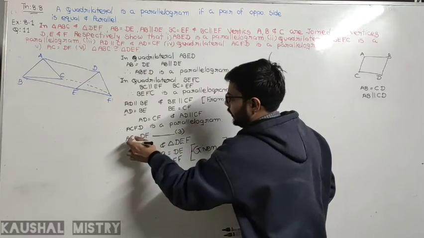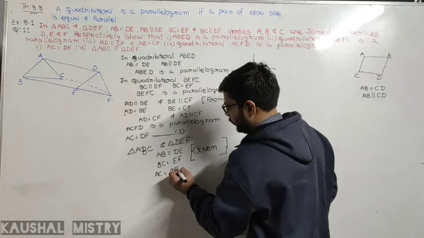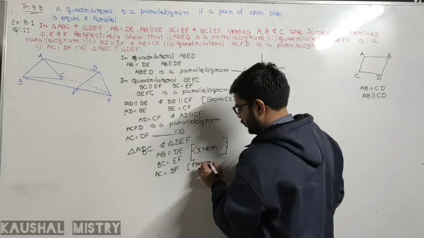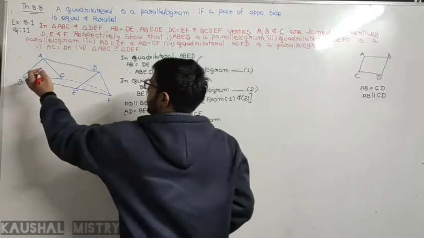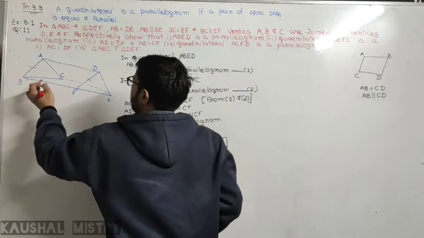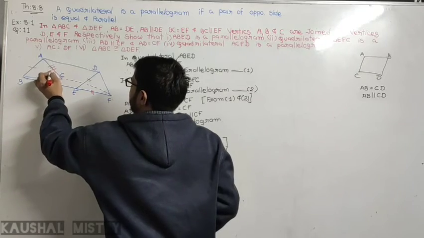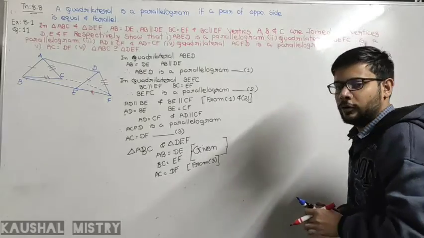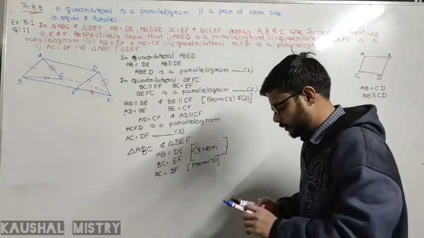And third one, AC is equal to DF. We have proved it from result number 3. Now we can see that this side is equal to this side, this side is equal to this side, and this side is equal to this side. That means by the SSS congruence rule we can prove that these two triangles are congruent, right?